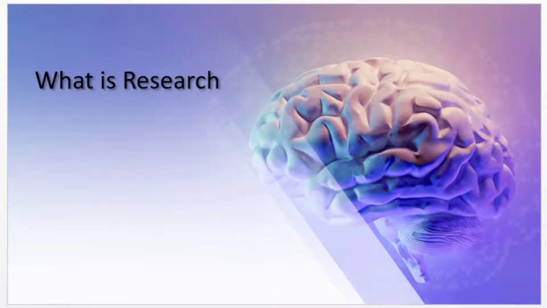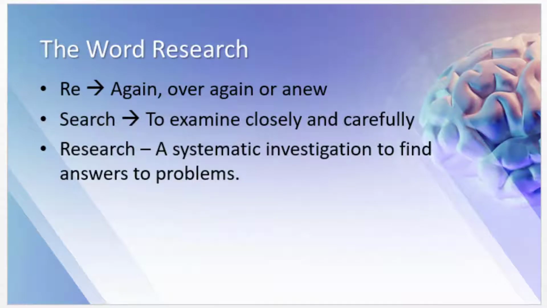In this lesson, I am going to give you a high level sense of what research is all about. And this is one of the most obvious questions that you may encounter before starting a research project. You need to know what is a research and what is not a research. The word research is composed of two other words, the word re and the word search.